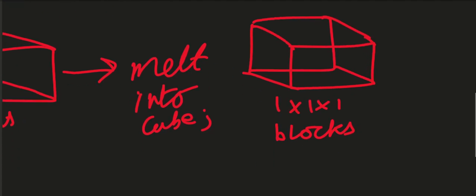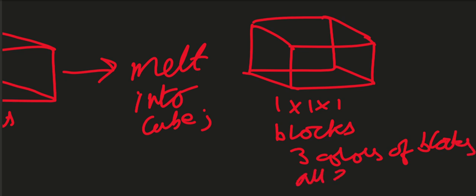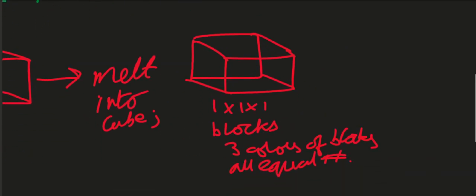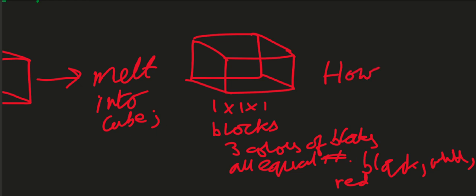And the blocks come in 3 colors, all in equal number. So my colors are black, white, and red. How many blocks of each color do I have, and how many total blocks do I need?